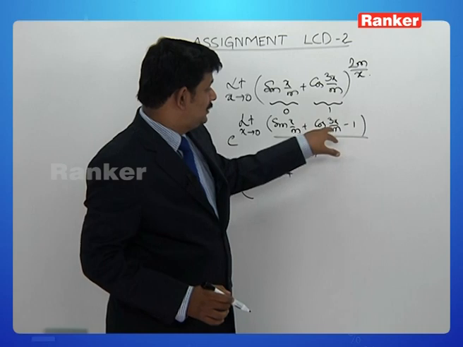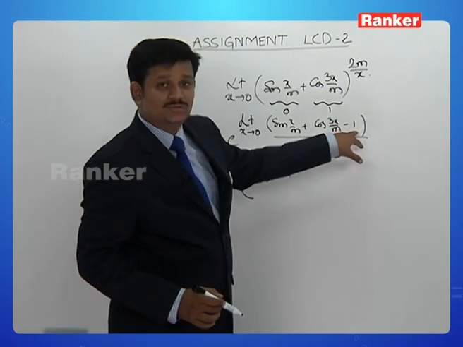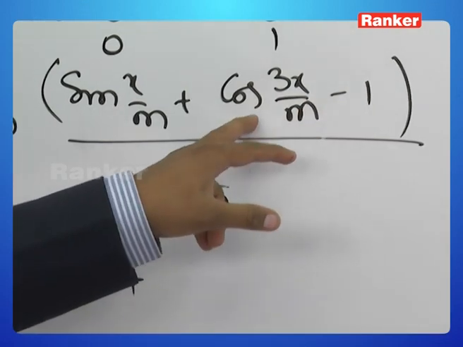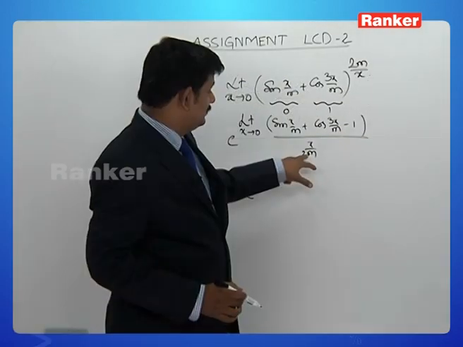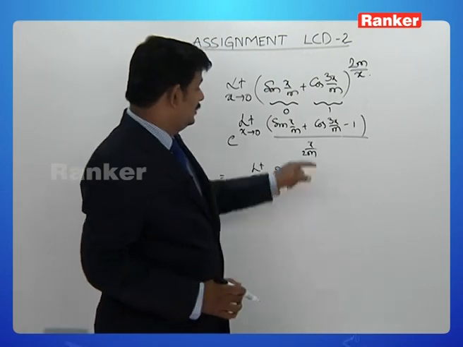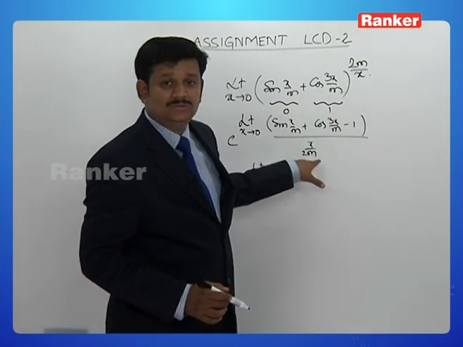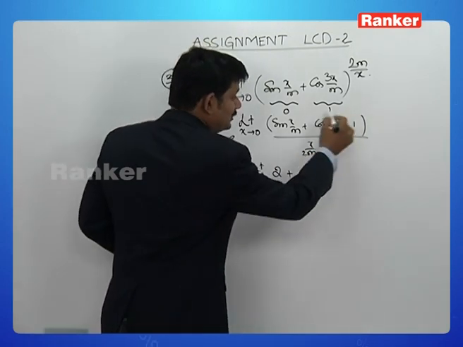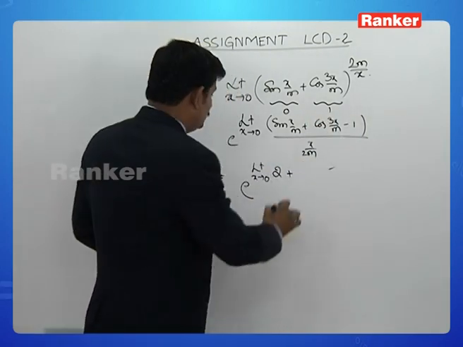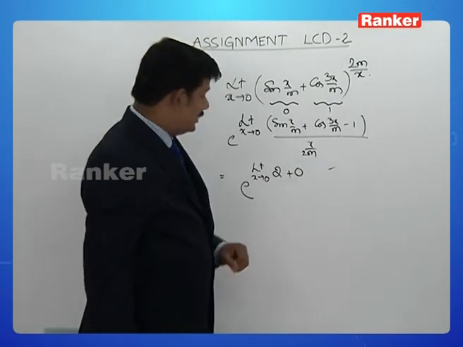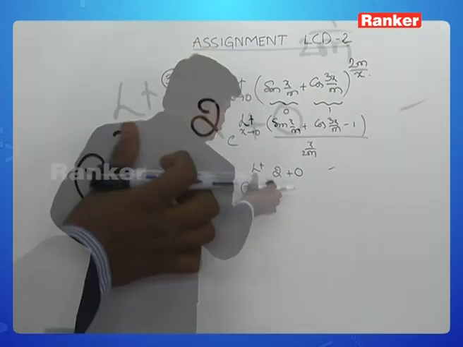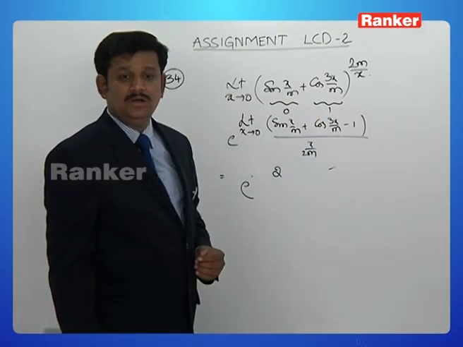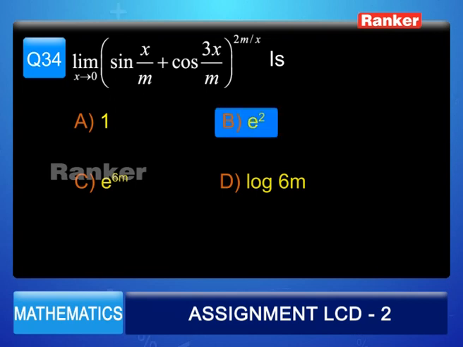Cos 3x by m minus 1, as x tends to 0, 3x by m is tending to 0. This is in the form cos theta minus 1 divided by theta square is half. So, cos theta minus 1 divided by theta will always tend to 0. So, this part of the limit will be tending to 0. So, we can write this limit as e power 2 plus 0, which is e square. So, answer for this question would be e square, which is option B.